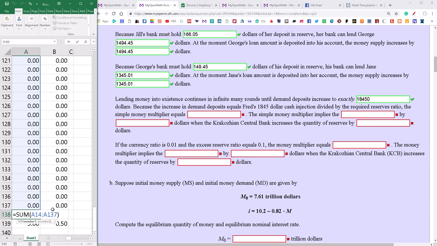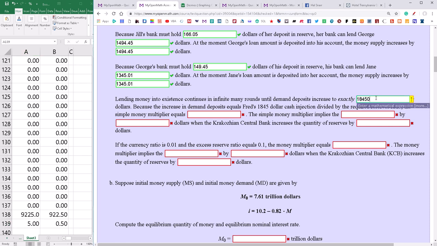Okay. So the simple money multiplier is 1 over the required reserves ratio. And that's why you multiply that original amount of new money by 10. Okay. So this is just 10.